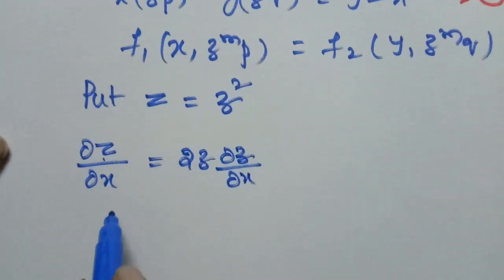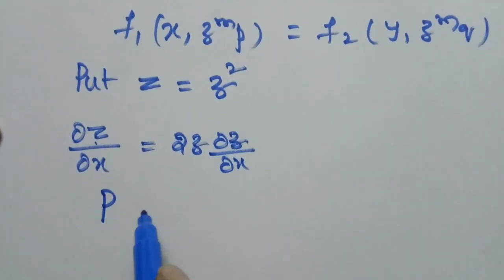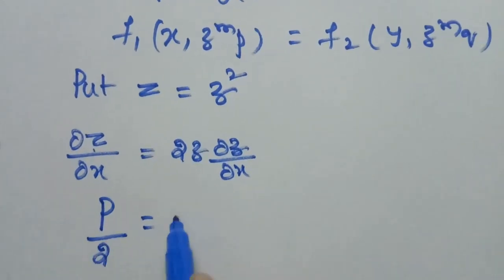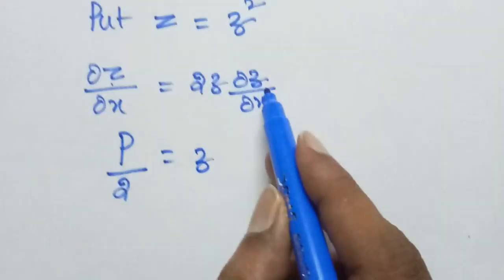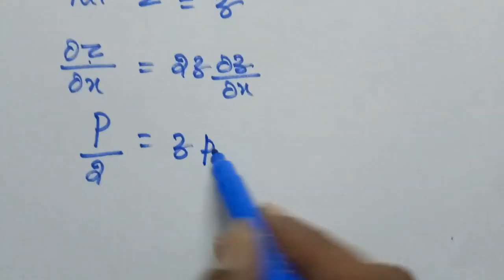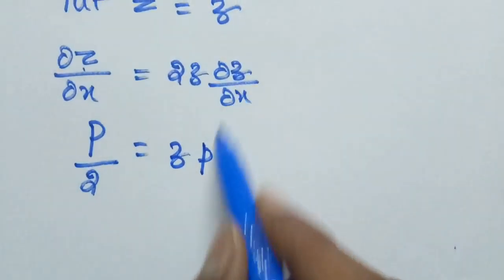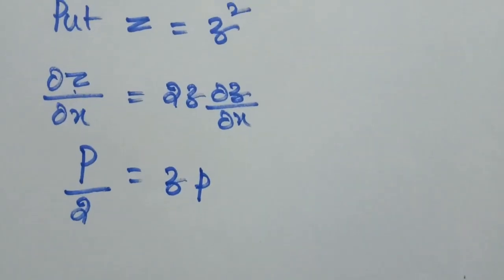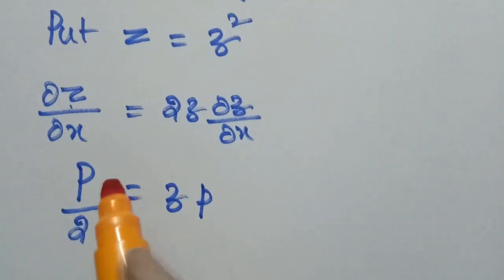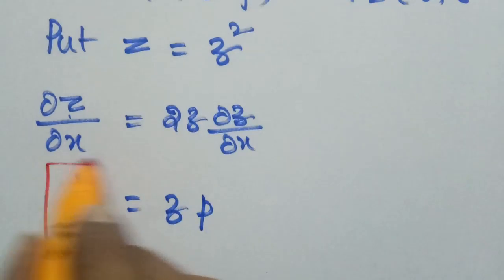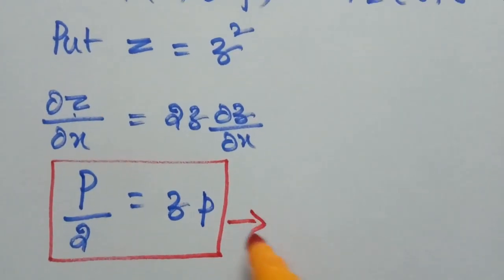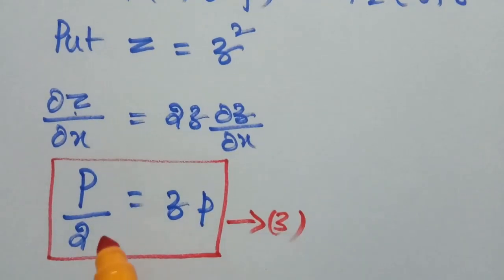This can be written as capital P, using the notation from the beginning of this unit. Therefore, P by 2 is equal to z into p. Say this is equation number 3.